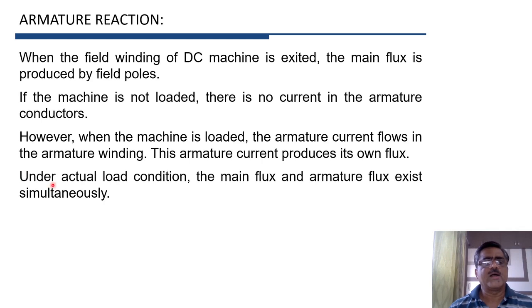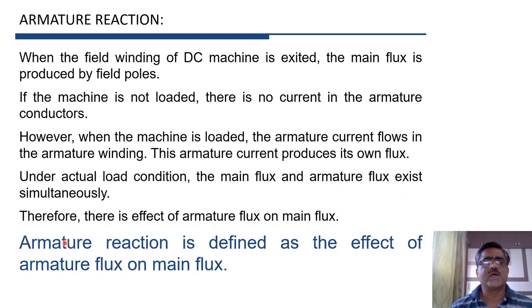So under actual load condition, main flux as well as armature flux exist simultaneously, and therefore there is an effect of armature flux on main flux, and this is called armature reaction. So armature reaction is defined as the effect of armature flux on main flux.